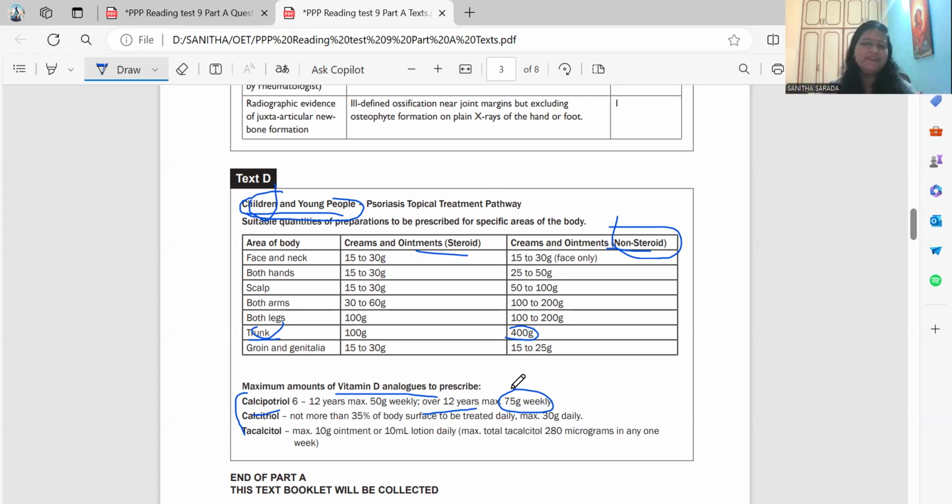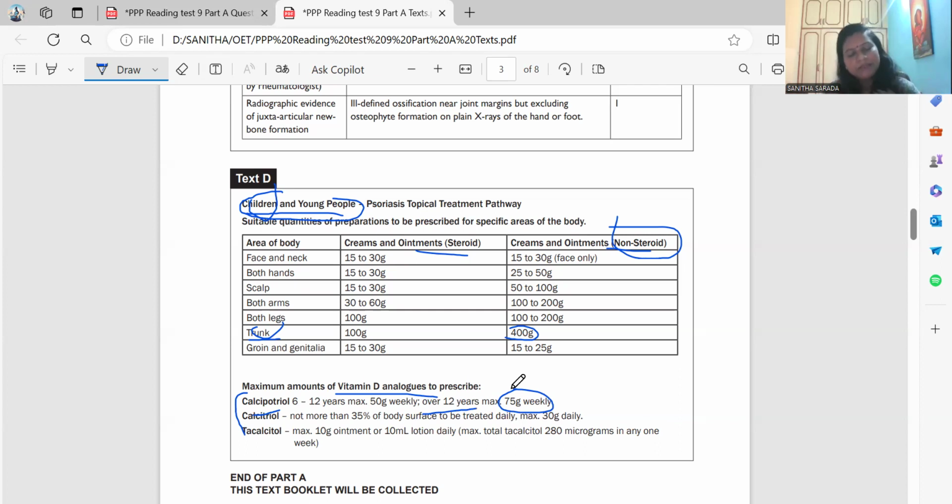This part is very easy, so don't make it difficult. Try to understand the question, and definitely you will get the answer. Try to underline the keywords. Keyword is very important, I'm telling you. If you don't try to understand the keyword, you are not going to get the answer.